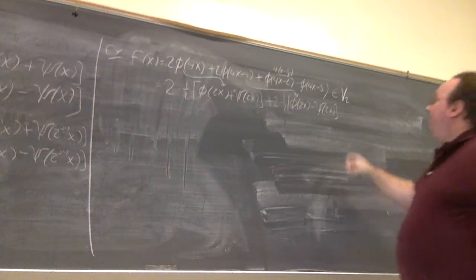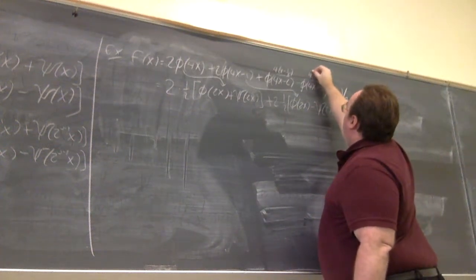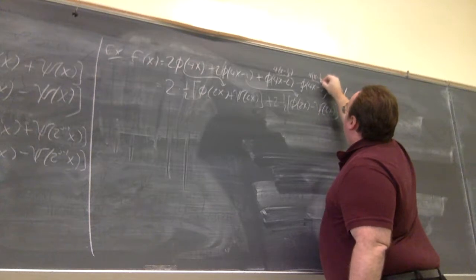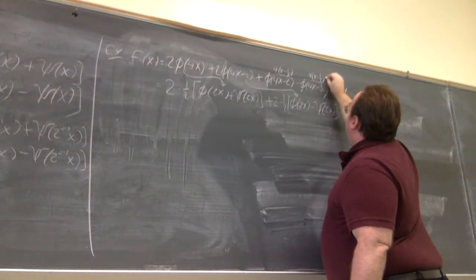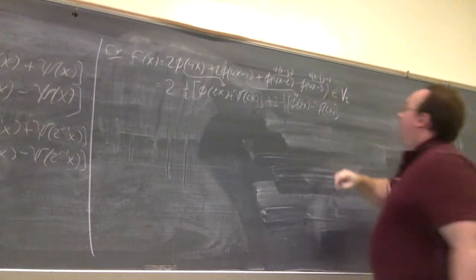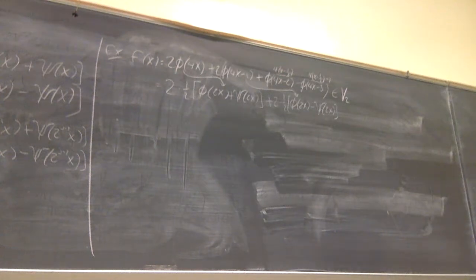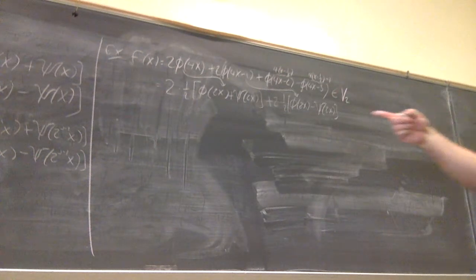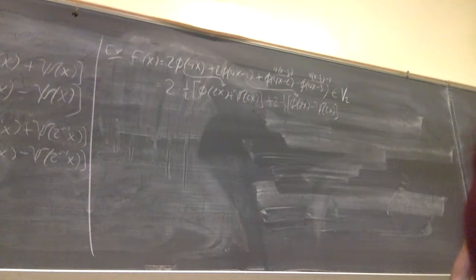And then this, I'll write as 4 times x minus a half minus 1. So now, if I again set j equal 2 in here, but I also replace x throughout with x minus a half, then I can go ahead and use these equations.